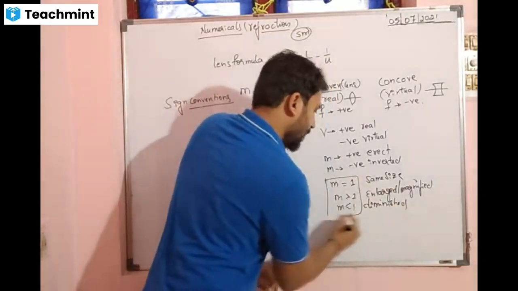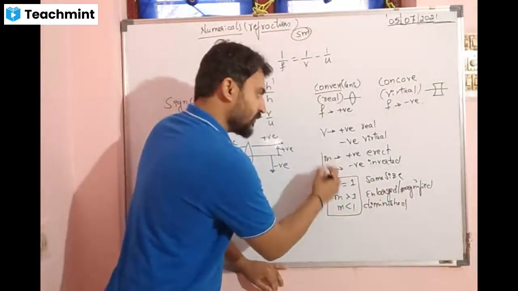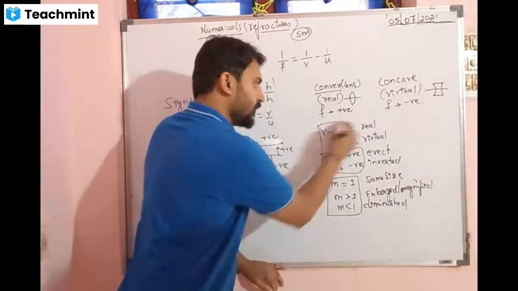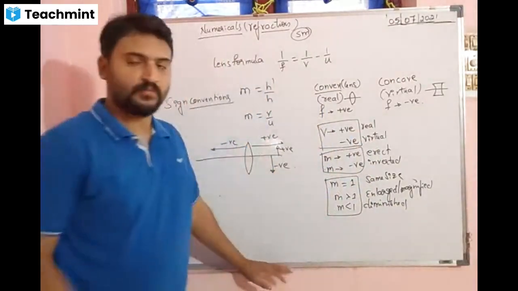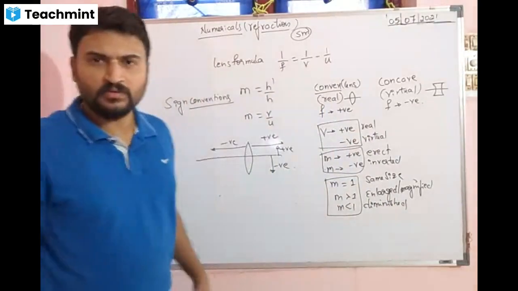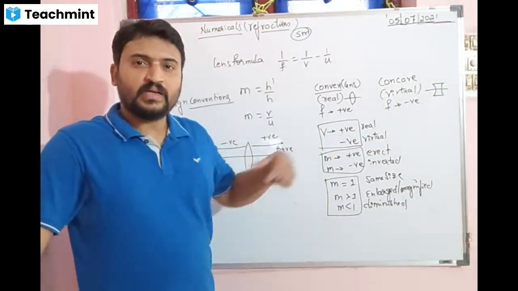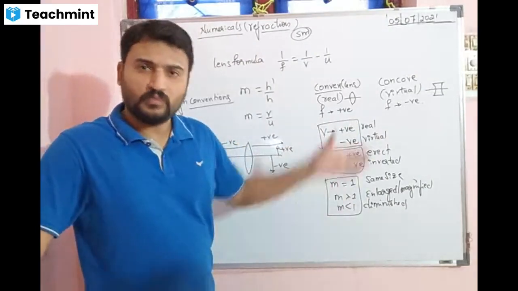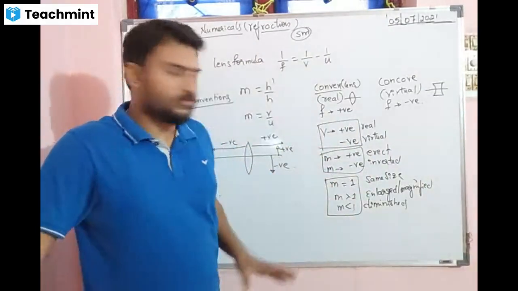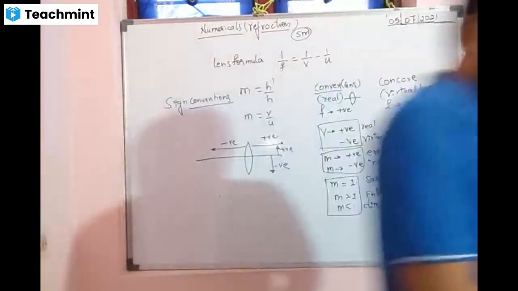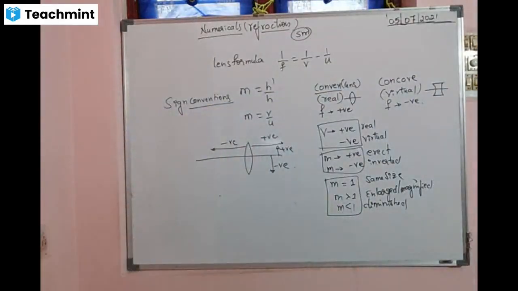So this was with the numbers, this was with the sign, and this was with the V, real image, virtual. So we are writing the properties, no? What property do we write? Looking at the number itself, we will tell beyond F1, beyond F2, everything will come to know when we start solving the problems. Just take all these in your book, we'll start to solve problems.